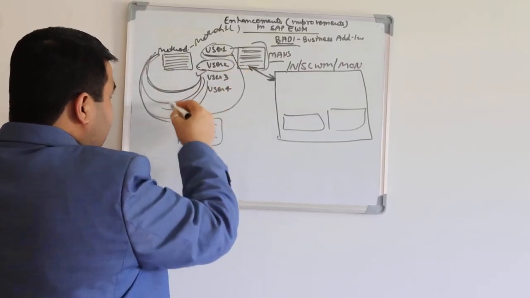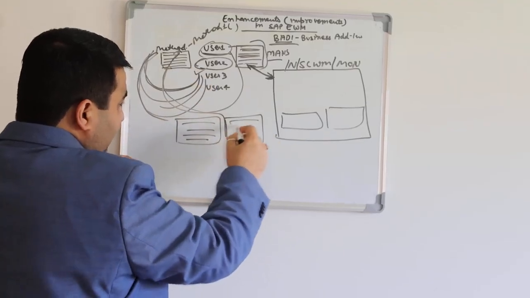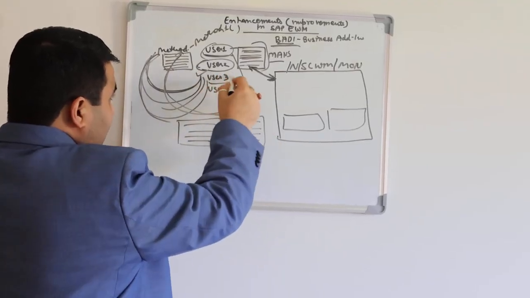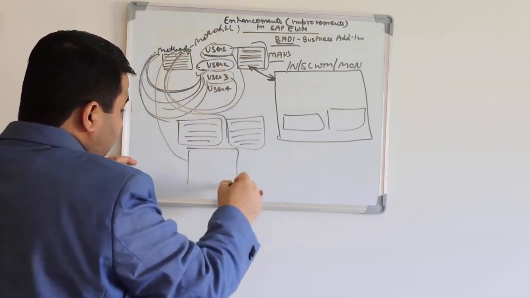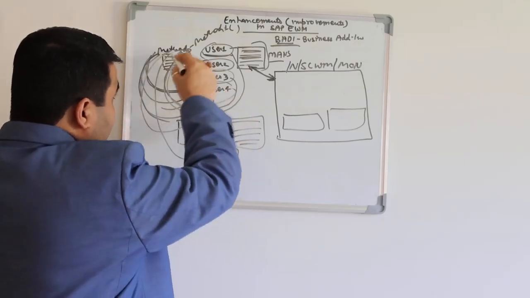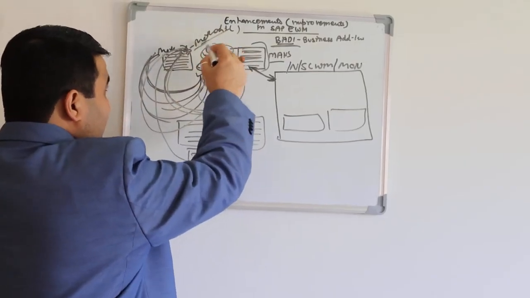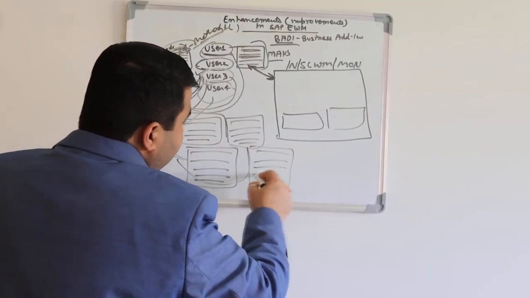I can again use the same method, implement it, and add my own custom logic. Another user can also implement the same method and add another custom business logic. Another user can implement the same method, method 1, multiple times with different business logics.